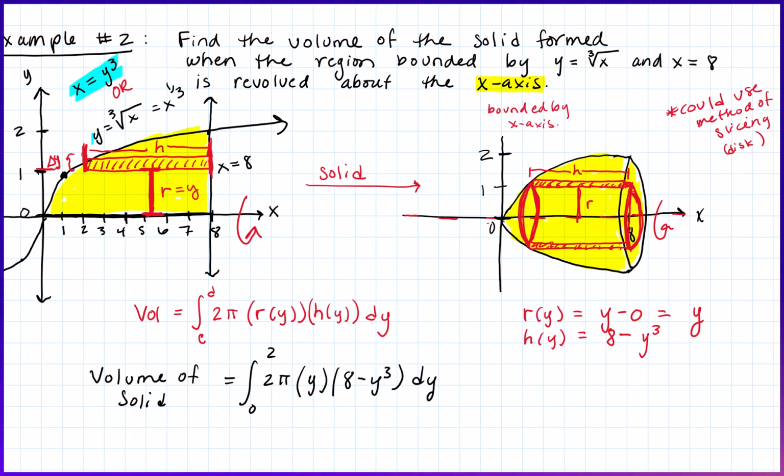Now I'm going to go ahead and integrate that. I'm going to speed up the video because this is just a little bit of algebra. I'm going to distribute the y, and then use my basic rules of integration. Since there are no special integration techniques in this example, I'm just going to speed up the video so you can see the work, and then we'll do another example.